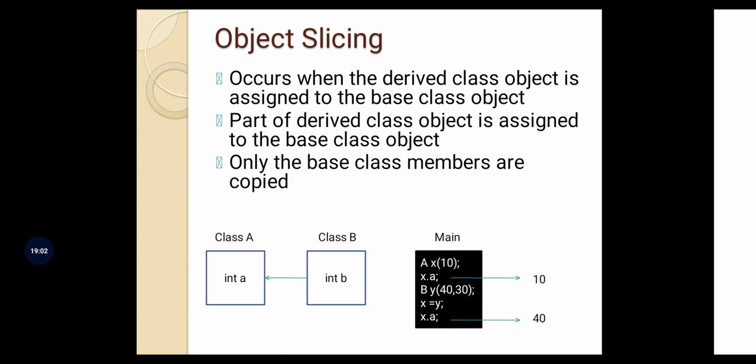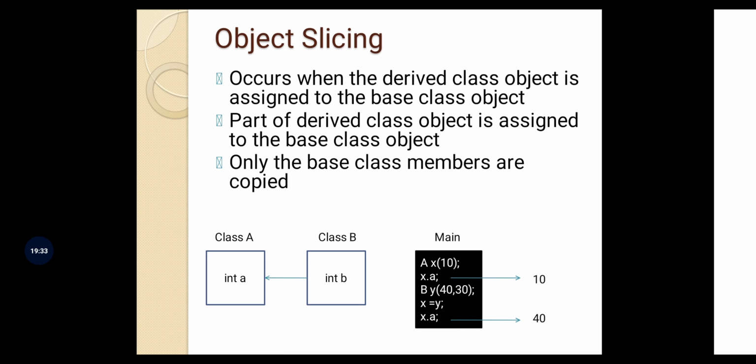Now when you do X is equal to Y, the large object Y is sliced, and the component which is common in both, the integer A of both the classes, that means 10 is integer A from the base class and 40 is integer A of the derived class, so this value of 40 will get replaced in the base class A.